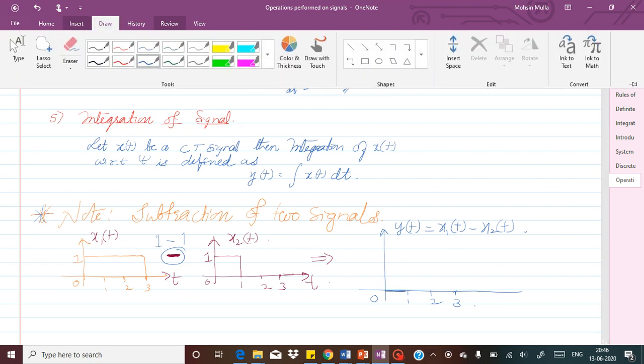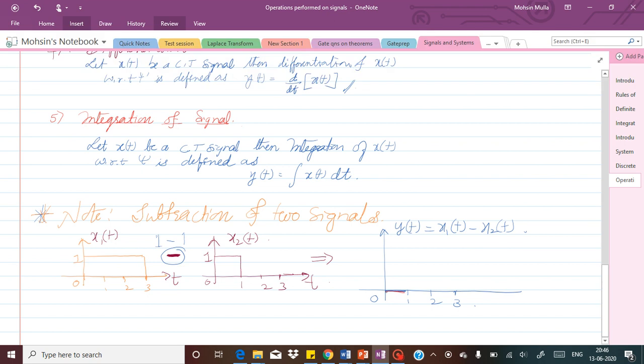Now similarly, after instant 1, the next instant is 1 to 2. Between 1 and 2, the first signal magnitude is 1 and the second signal magnitude is 0. So 1 minus 0 is going to be 1 again. Next instant is between 2 and 3.